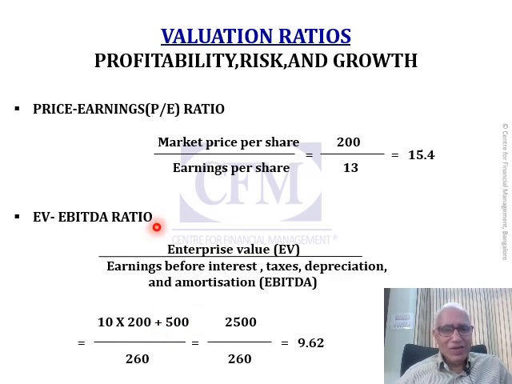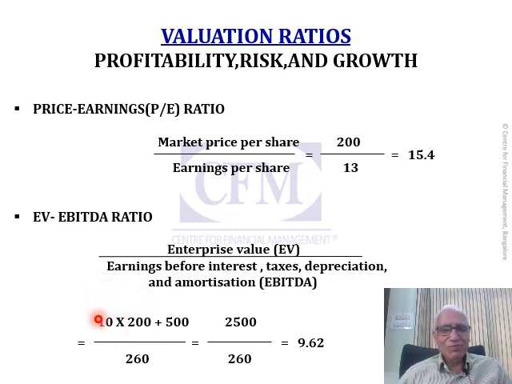Enterprise value to EBITDA ratio. Enterprise value is defined as the sum of the market value of equity and market value of debt. In the case of Horizon Limited, there are 10 million shares outstanding, and each share commands a price of 200 rupees in the marketplace.